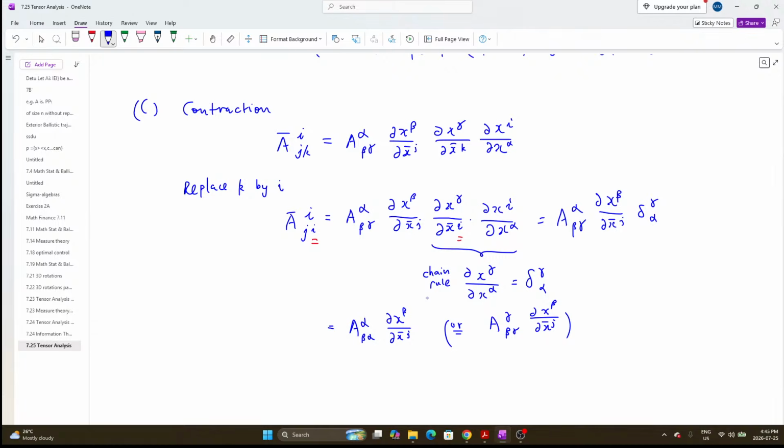So this process is called index contraction. So you replace one index by another, so that in a tensor expression you have a repeated index. As we can see, replacing index gives you a new tensor. So this is what it's saying.